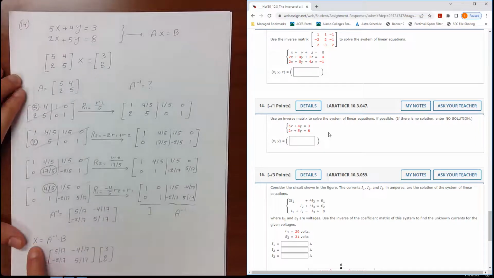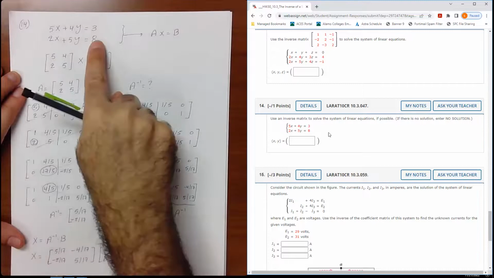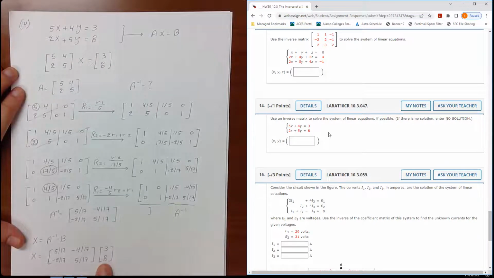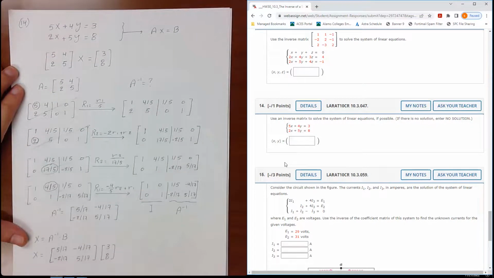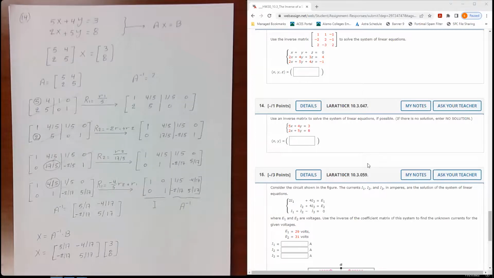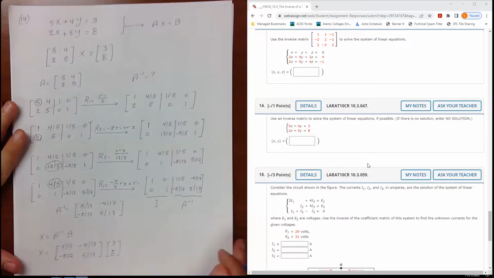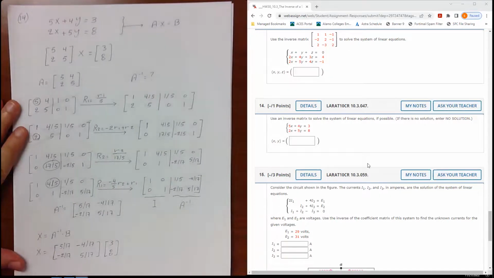Now, to find the solution, X equals the inverse of the matrix times B. So here is the inverse of the matrix times B, which is 3, 8. So for the result, you have to do the multiplication, the first row times the first column, and the second row times the first column.